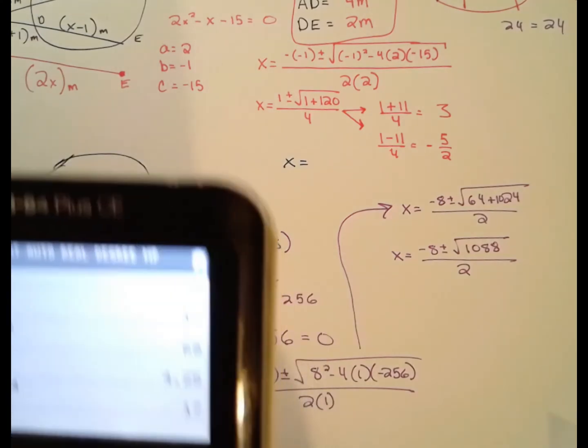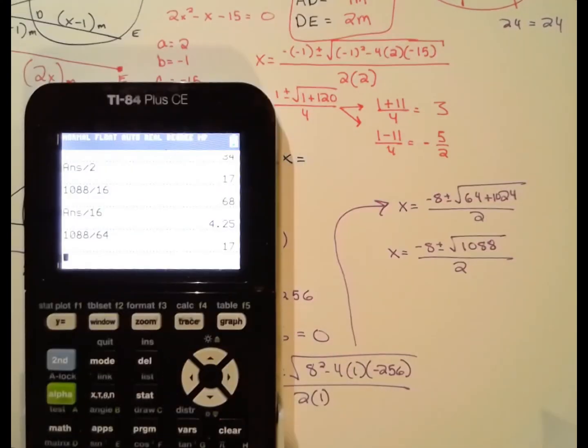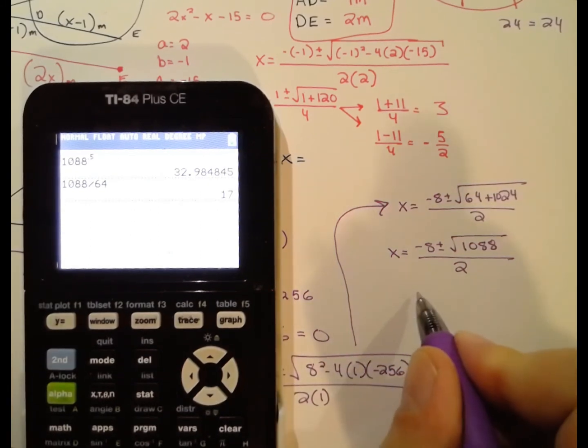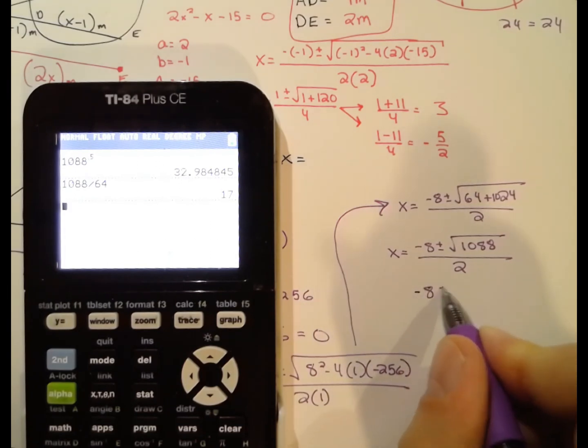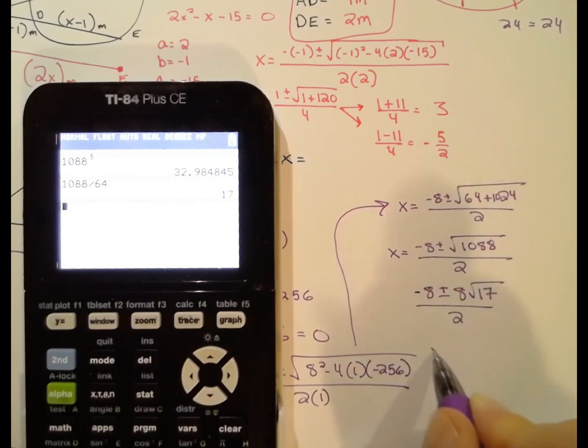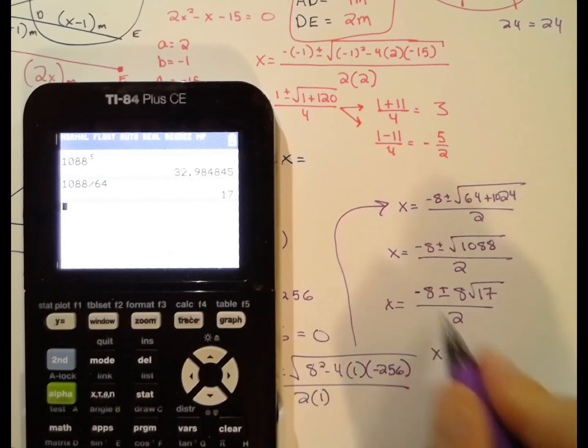I suspect, by the nature of these problems, that it's not a whole number, but it divides out of 64. And then we can divide the whole number 2 out.